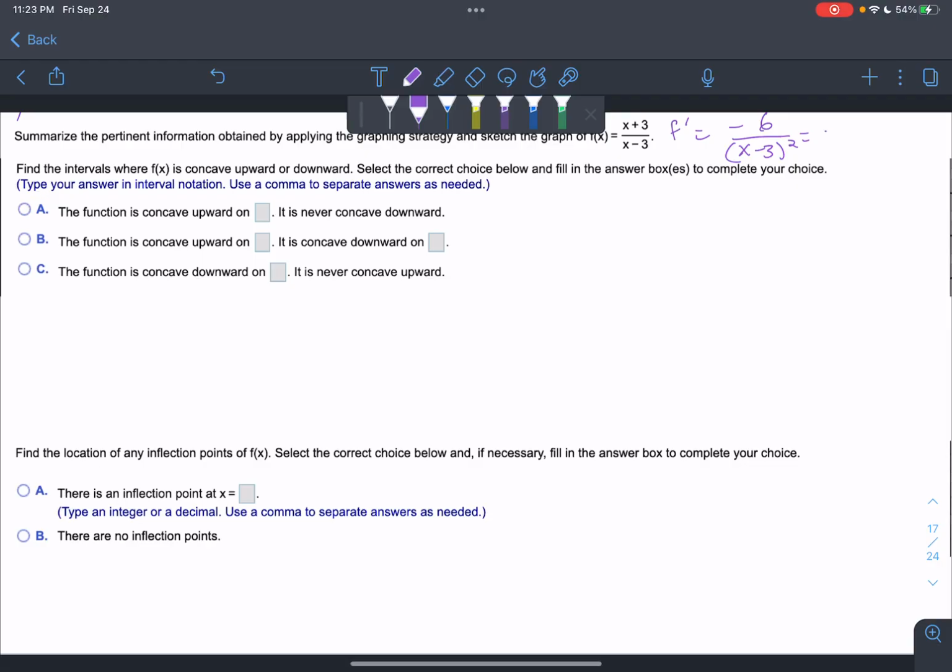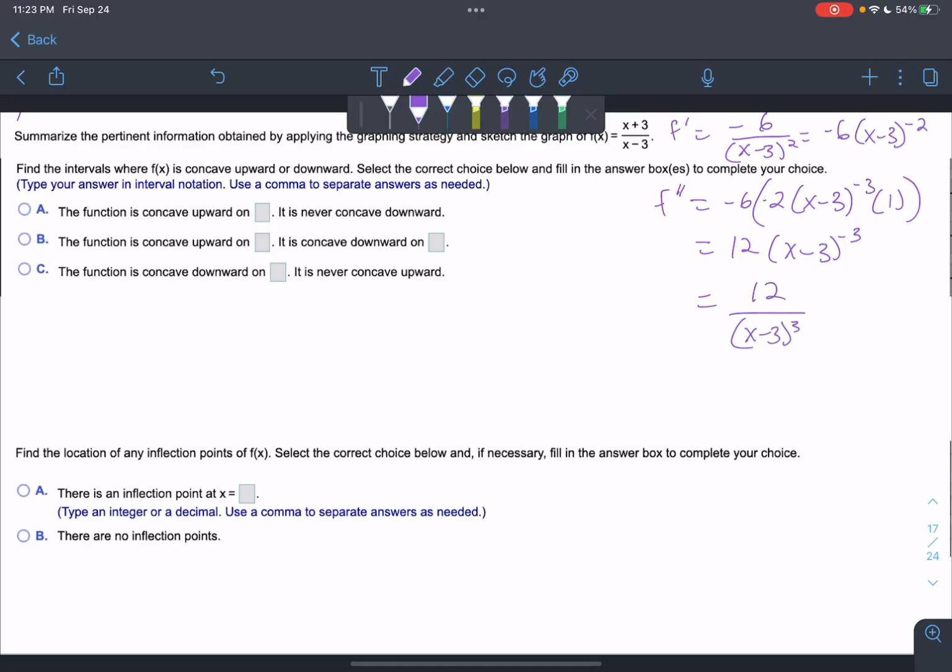And this is equal to, if we just convert it back to all in one line, so f double prime is negative 6, now power rule, minus 2, x minus 3, decrease the power, and then chain rule it. So I get 12 x minus 3 to the minus 3, or 12 over x minus 3 quantity cubed.